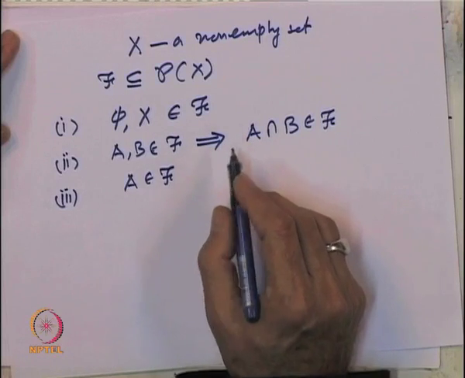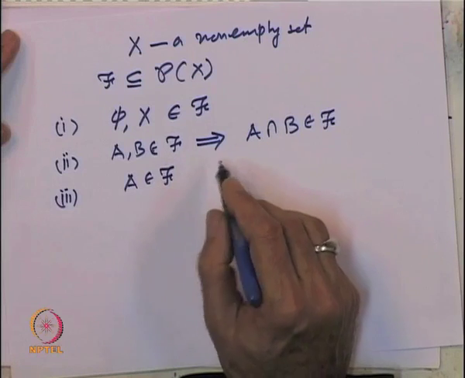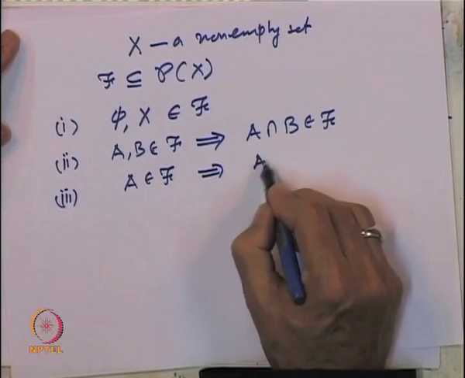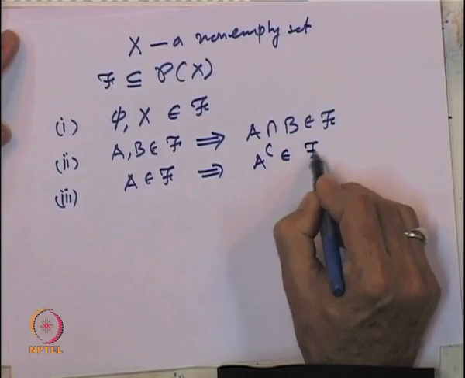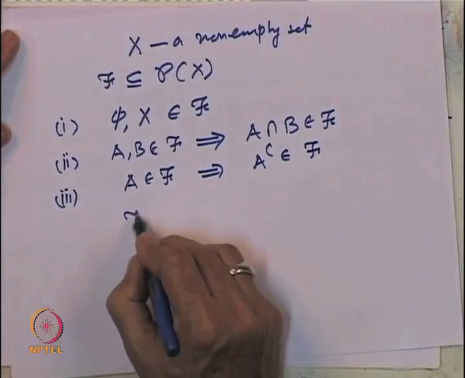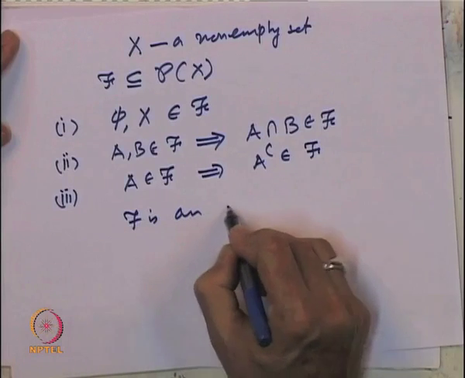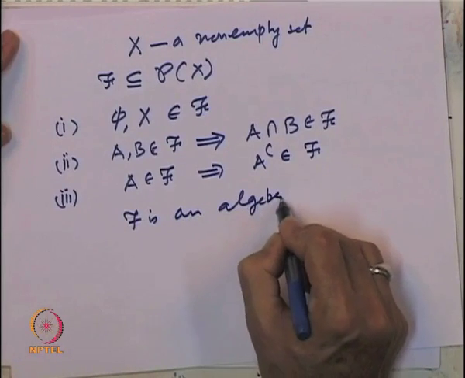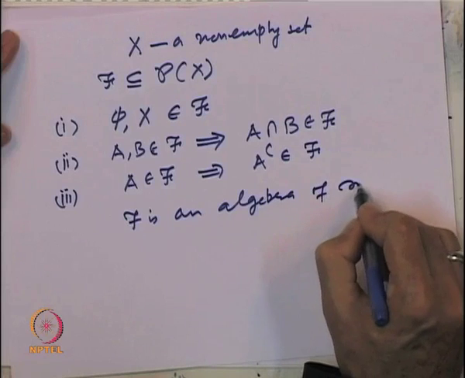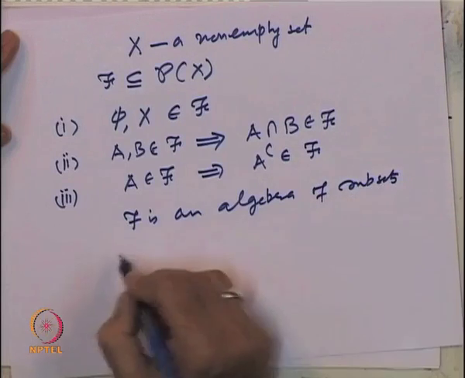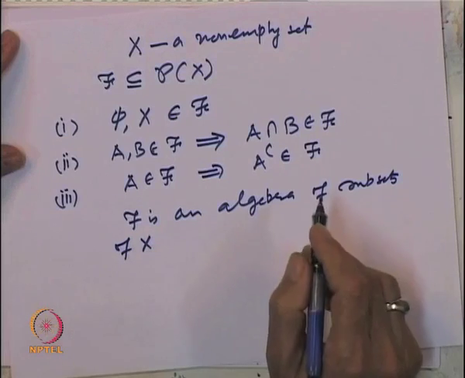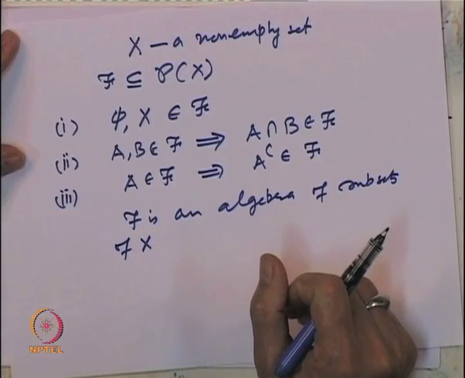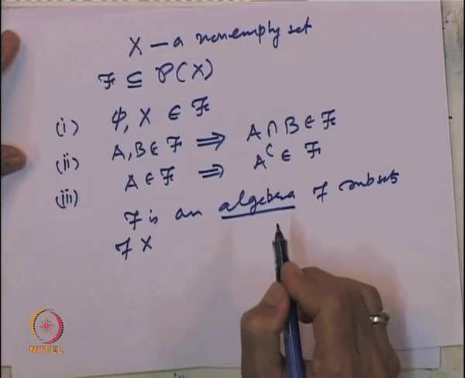But in an algebra, in the new concept, we are demanding that the complement also belongs to F. In these cases, we say F is an algebra of subsets of X. So, this is called an algebra of subsets of X.